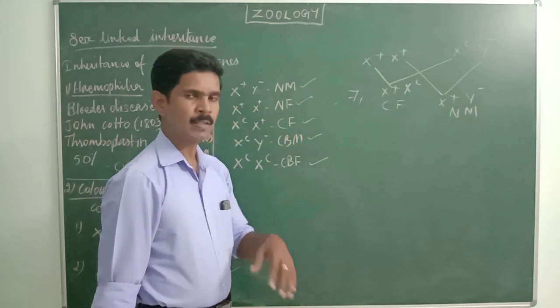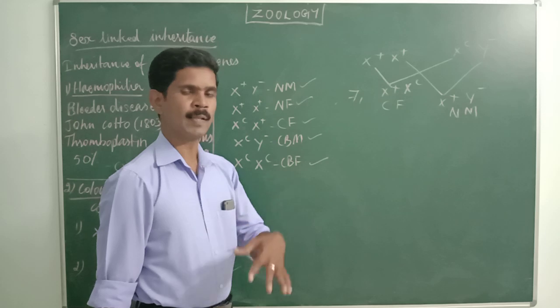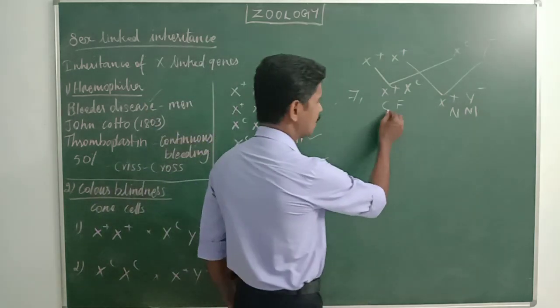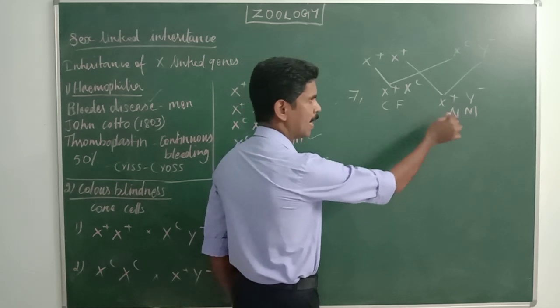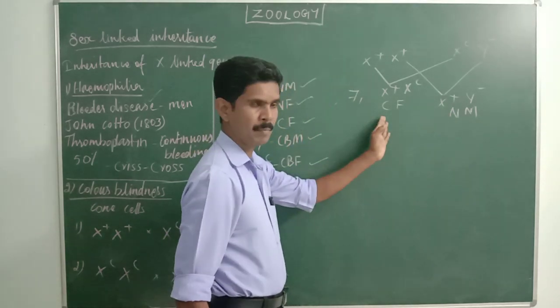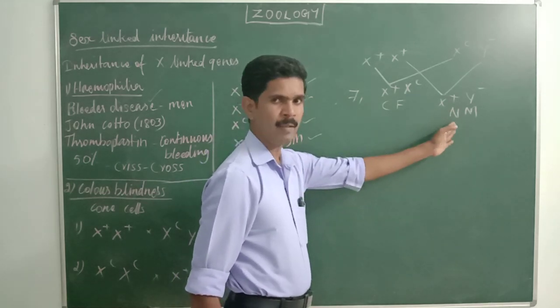Now we are going to study what happens in the next generation, the F2 generation. When this carrier female marries a normal man, what will happen?